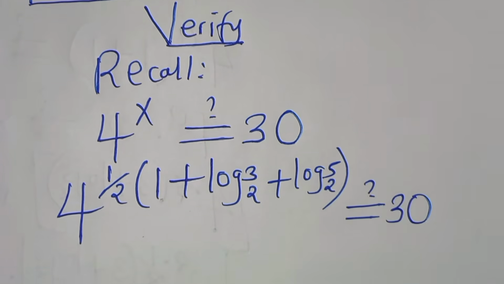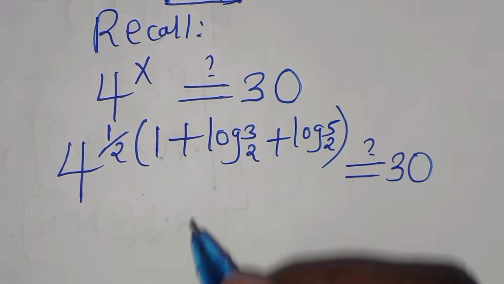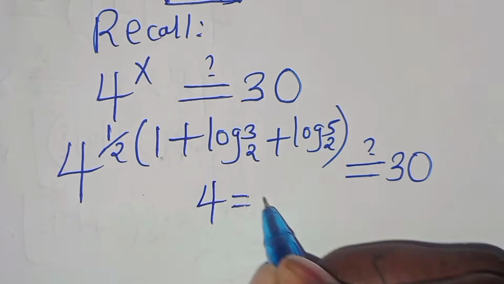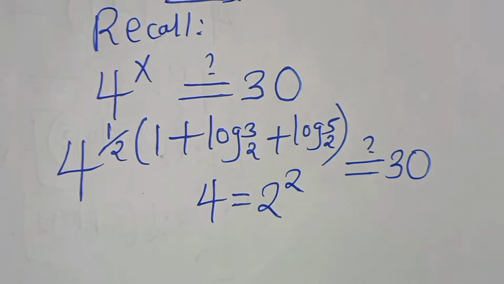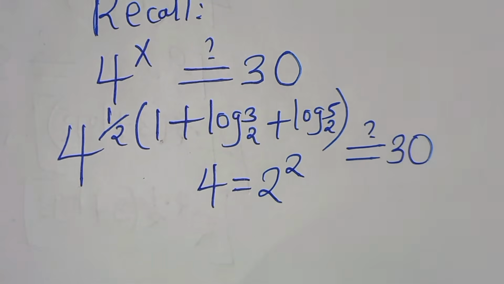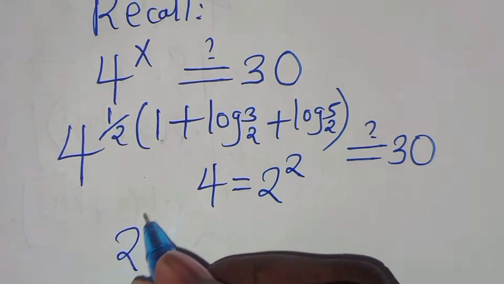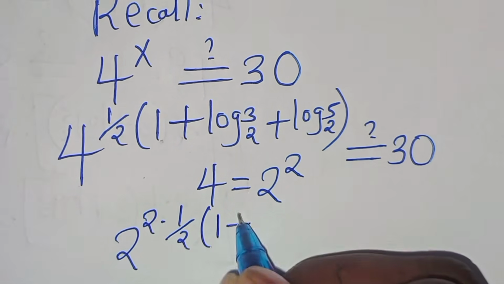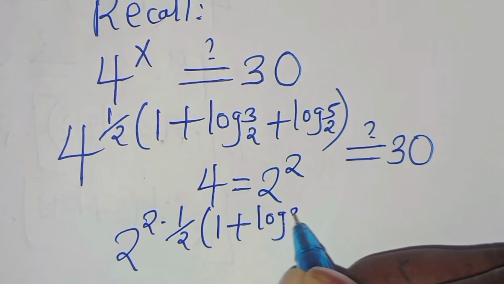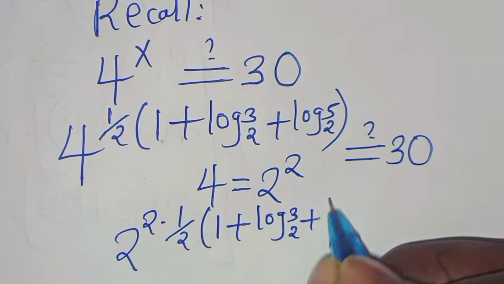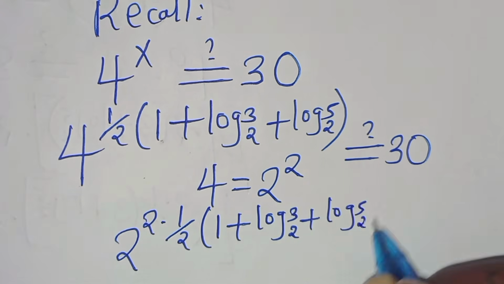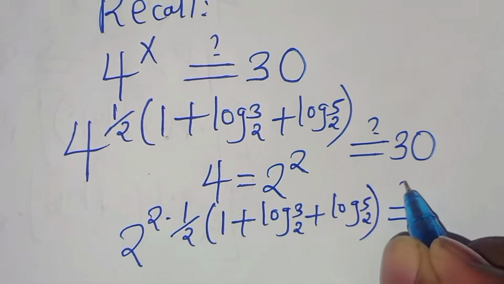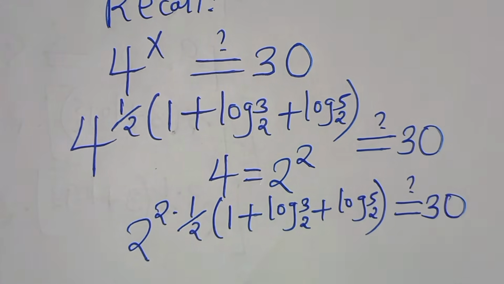We can express 4 as 2 to the power of 2, so we have 2 to the power of 2 times a half into the parentheses, 1 plus log 3 to base 2 plus log 5 to base 2, supposed to give 30.